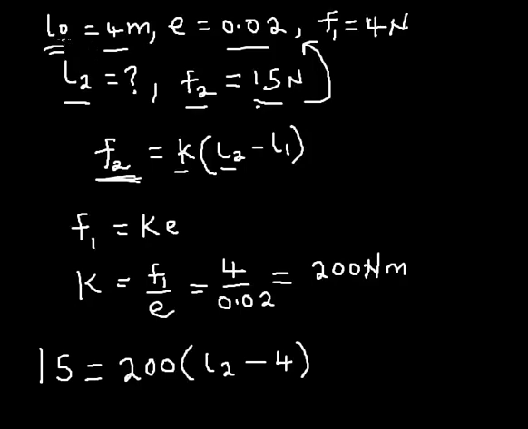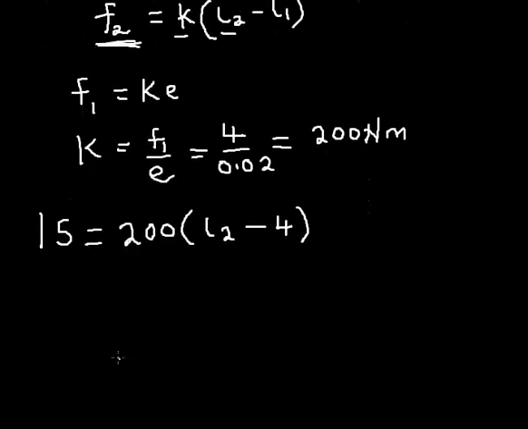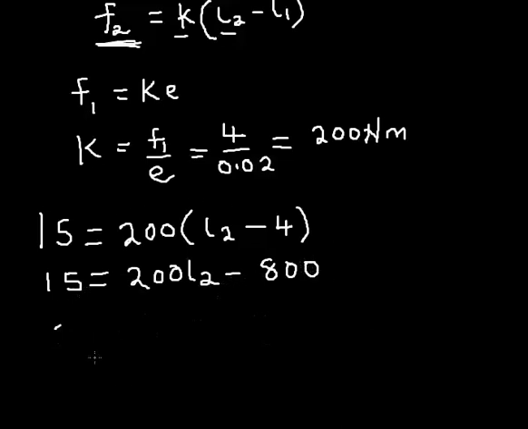So this is going to be equal to 15 equals 200 L2, and 200 times minus 4 gives me minus 800. Rearranging the equation, the minus 800 goes to the other side, so I have 200 L2 equal to plus 800 plus the 15. That's 815.